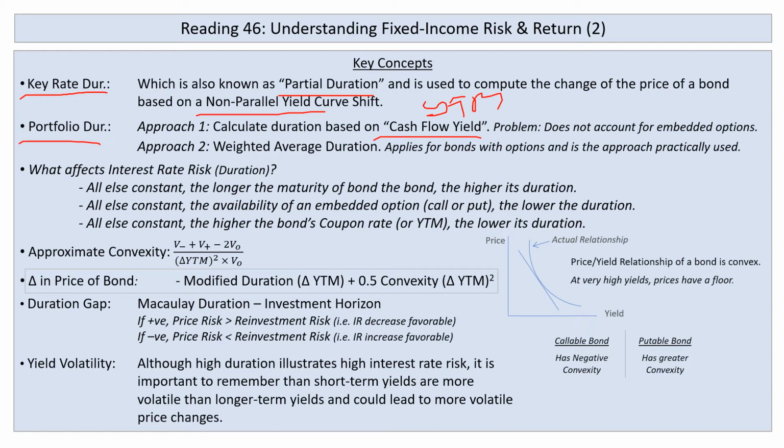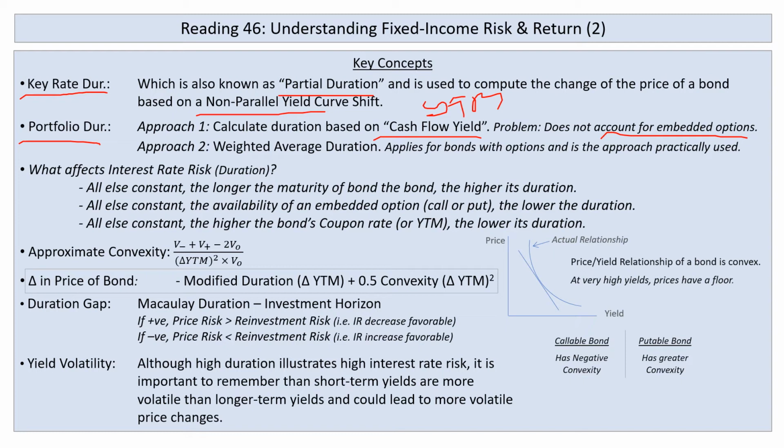Now, this approach is not very easy. It's very time consuming. Definitely you would not be required to do it during your exam, because this obviously needs a spreadsheet, maybe Excel, in order to calculate this. You would have to know this approach. You have to know that this approach does not work for bonds that have embedded options, just like any other modified duration approach.